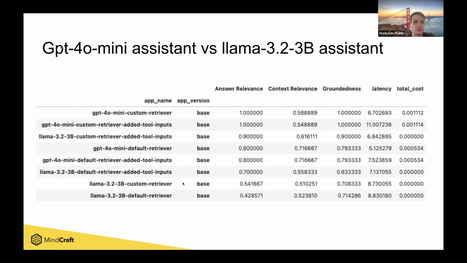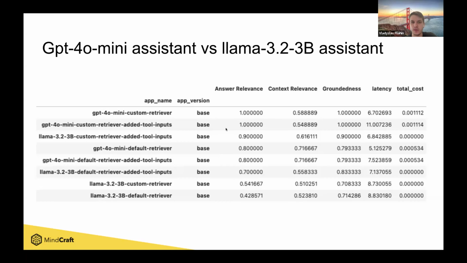We have the custom retriever, where we specified a custom threshold, a custom top K and any additional configurations. Also, we have added tool inputs, where we added additional descriptions of tool names and tool parameters and so on, because the open source Llama 3.2, a very small model, failed without these additional tool inputs, when GPT-4 Mini was okay with it.